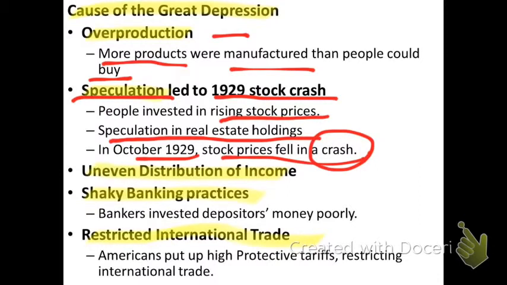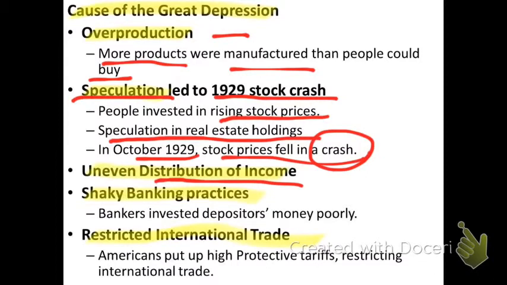Okay, uneven distribution of wealth. While it is true that there is a large number of unrich people and a very small number of rich people, that is not necessarily odd in human history, particularly here in America. But what we're starting to see is that there are some super rich individuals, Rockefeller and Carnegie and Vanderbilt, we've discussed some of these before, and their wealth is growing far and above beyond the average.